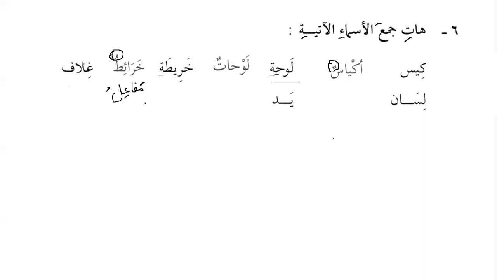Of course, this is a pattern, and you know that this is a derived noun, and most derived nouns start with mim. For example, maf'alun, similarly maktabun. Because it is a derived noun, it starts with mim. So this is the name of the pattern. It doesn't mean that every noun has to start with mim, because if you remember the rule, the standard verb that we use in the Arabic language is fa'ala, fa'ala yaf'alu.